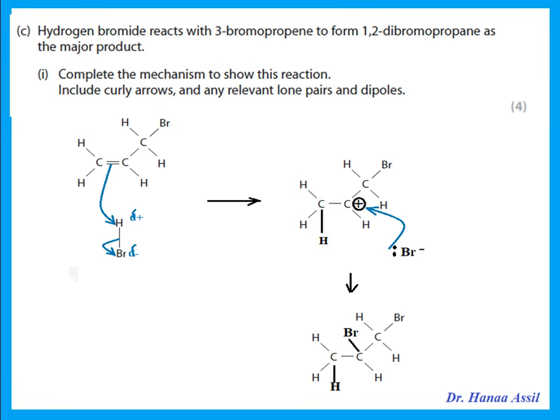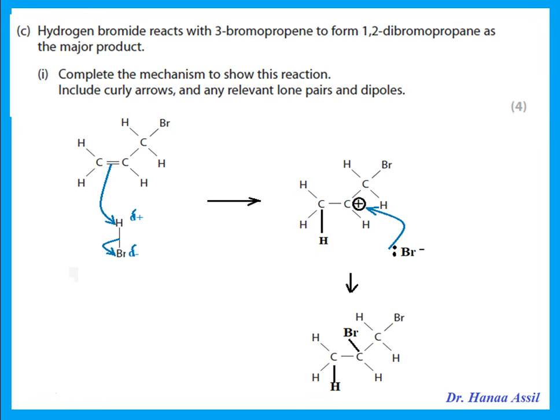So this forms a carbocation. The carbocation is then attacked by the Br minus, because the Br now has the electrons from the bond, so it's now a Br minus. It attacks the carbocation, and in this case, this forms the 1,2-dibromopropane.